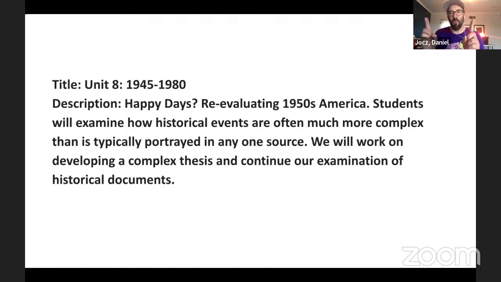We're going to look at what you do when different sources contradict one another, and what you do if you're writing a DBQ and your thesis is, yes, there was change, but then there's a document that says no, there wasn't change, or vice versa. So we're going to look at how to develop a complex thesis and look at historical documents while also reviewing the 1950s.